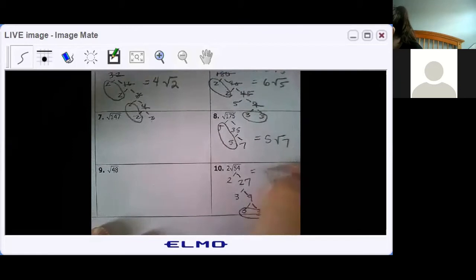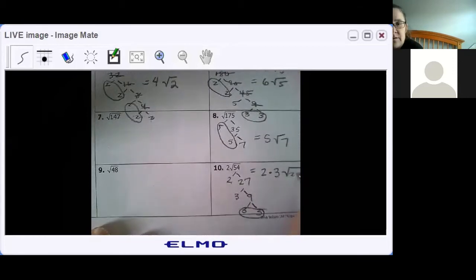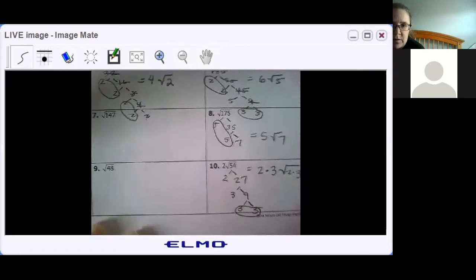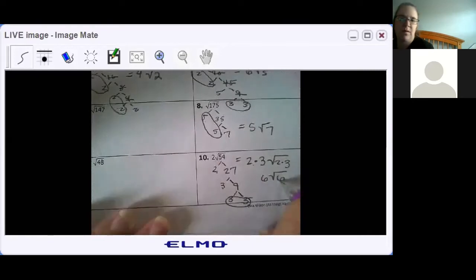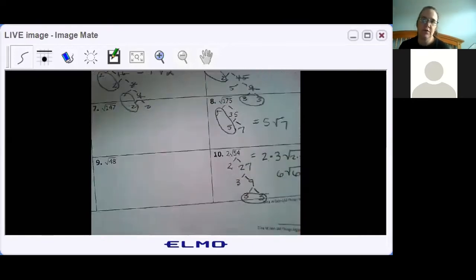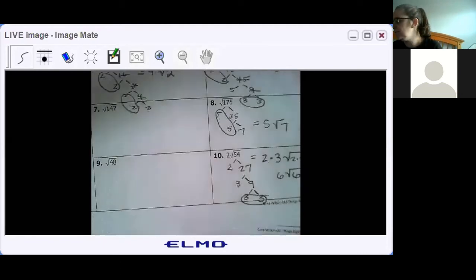I already had a 2 here, times the 3 I took out, and I have a 2 and a 3 left behind. Didn't factor out. So now I'm going to do 2 times 3 is 6 times the square root of 6. So you just got to be patient with your factor trees, okay?